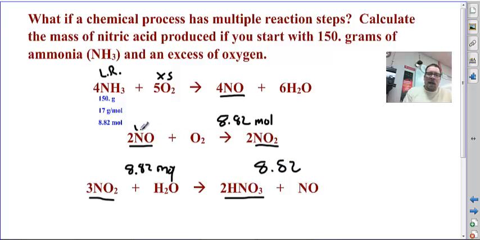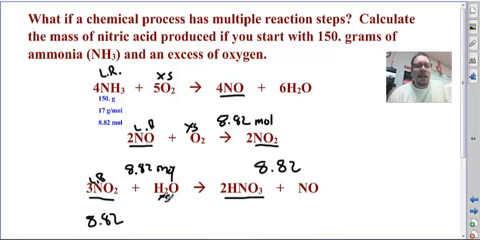Again, this is my limiting reactant. The oxygen is an excess because it's just in the atmosphere. So this is exactly the amount of moles I'll produce here, which again is exactly the amount I'll have to start with. And again, this will be my limiting reactant now, and water is an excess. I'll just be flooding this thing with water.